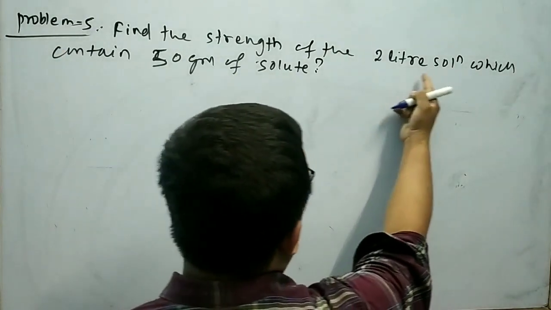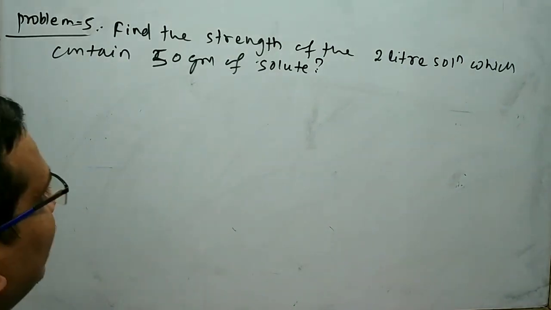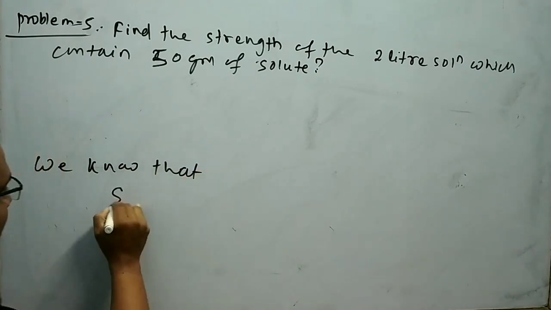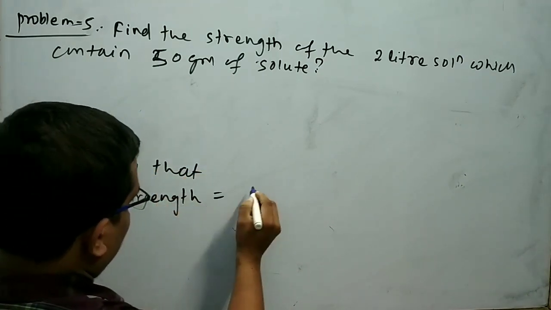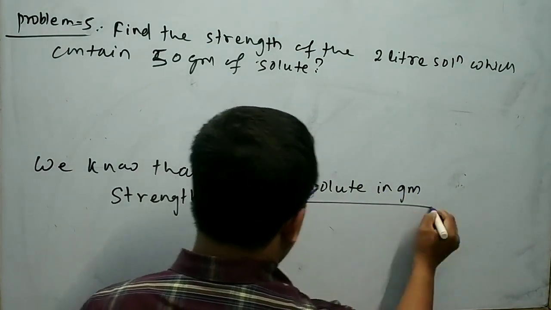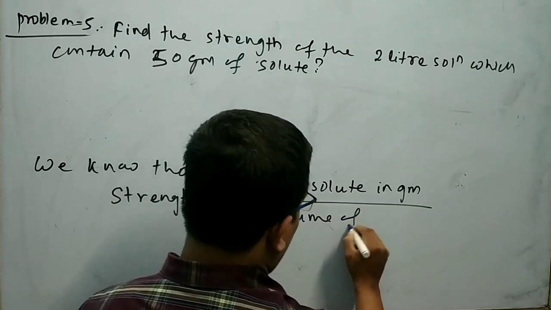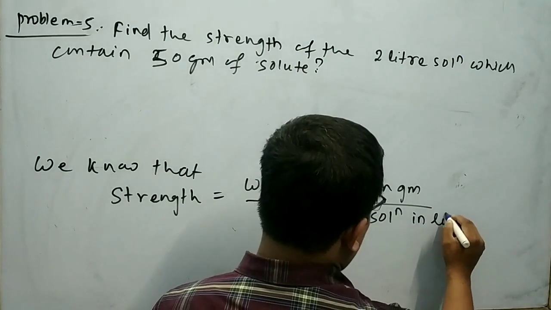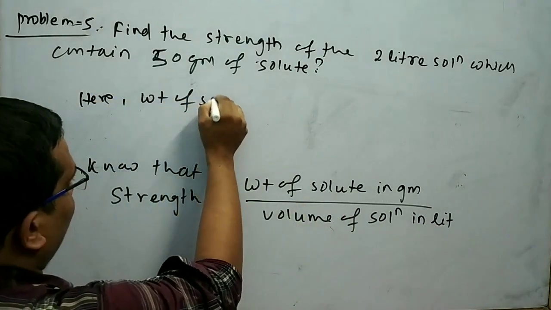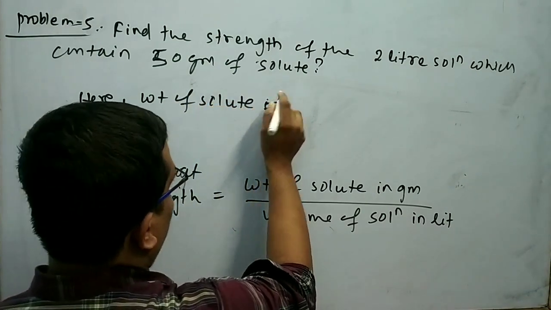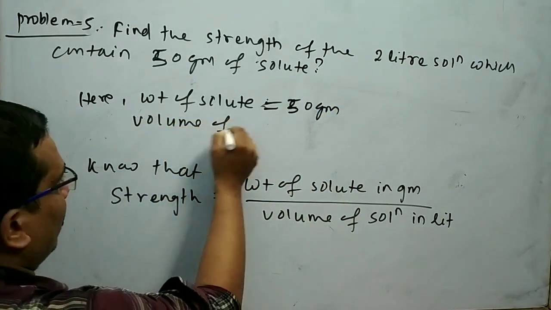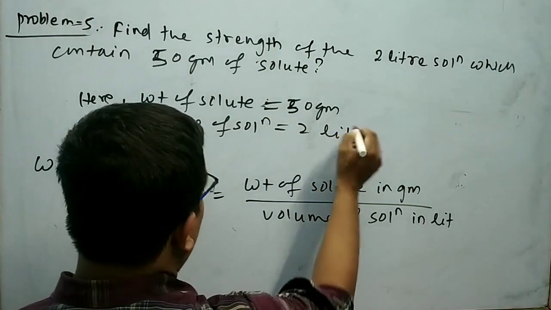Find the strength of the 2 liter solution which contains 50 gram of solute. We know that strength equals weight of solute in gram divided by volume of solution in liter. Here weight of solute equals 50 gram, volume of solution equals 2 liter.